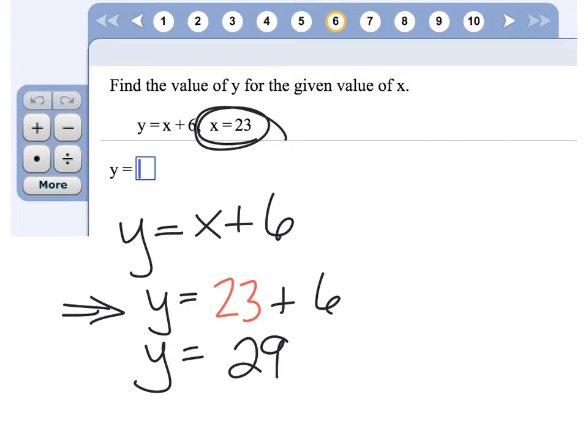They're just kind of getting fancy, and all of a sudden they threw in y. And in this case, y basically is like your answer. So x plus 6 becomes 23 plus 6, which is 29. And this whole thing is y, because y is equal to this, which is equal to this. And so the answer is 29.